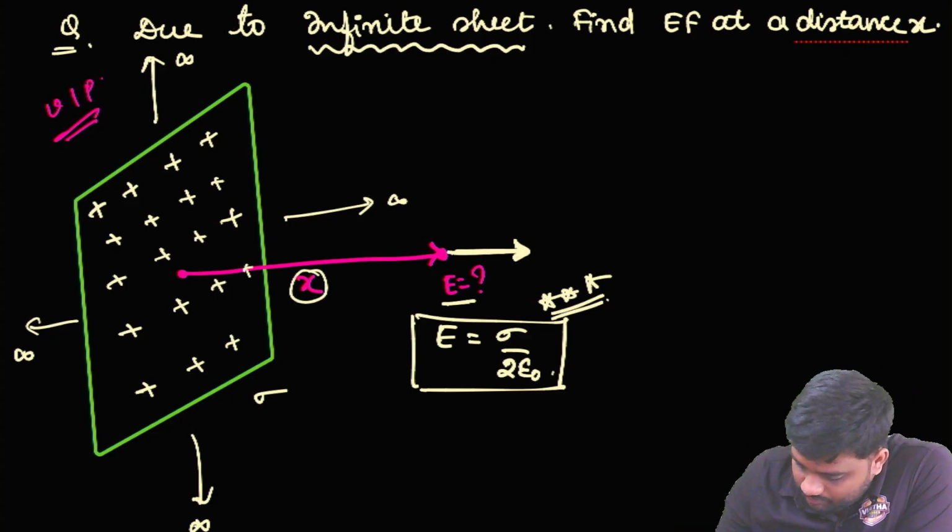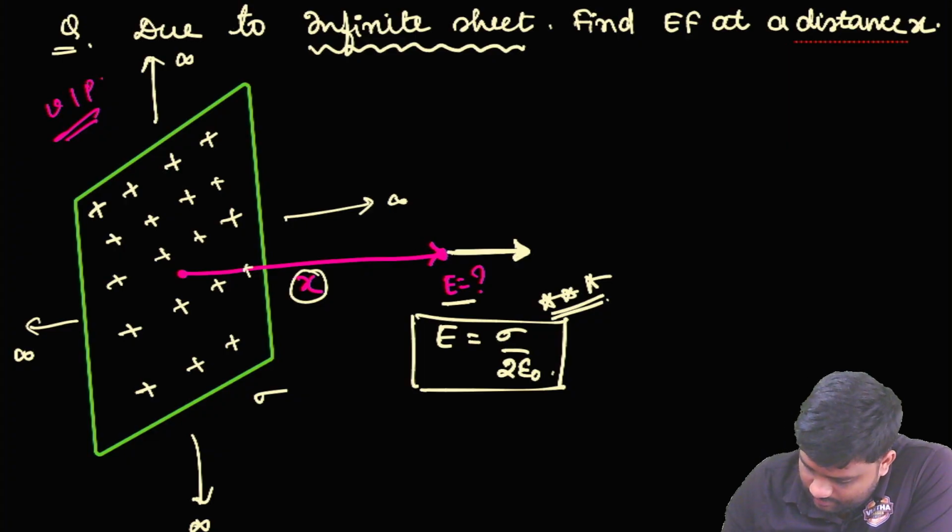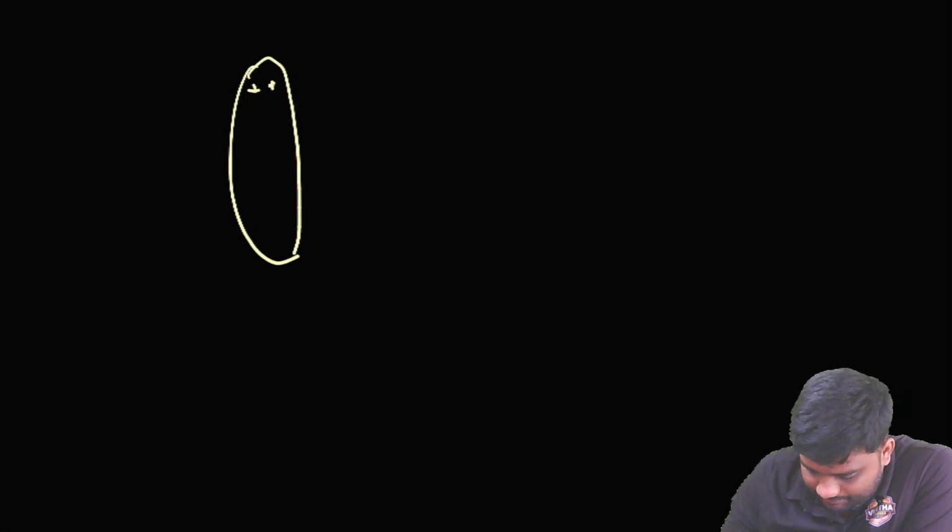See, just to make you understand, see here, this is your so-called disk, I'll say. Okay, disk of radius r at distance x.